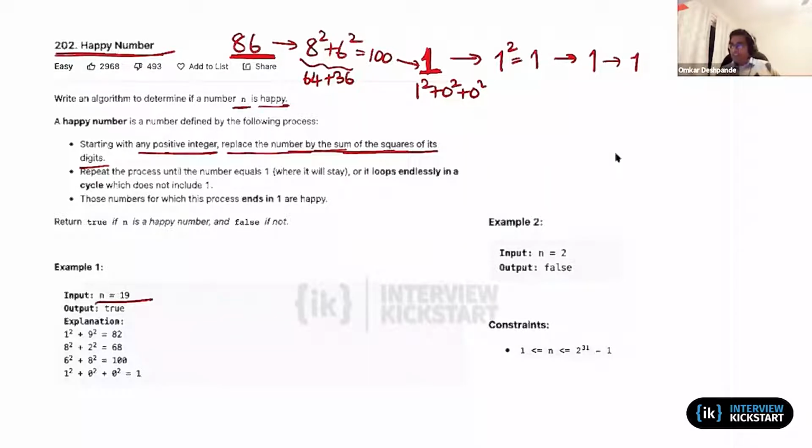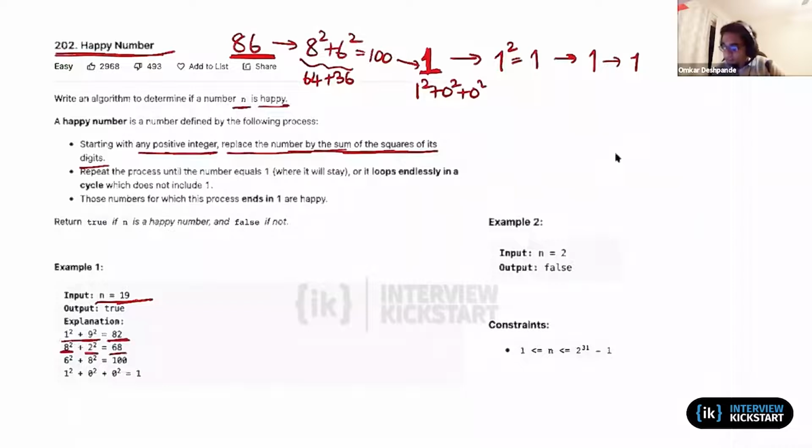Let's suppose n is 19. Then the next number generated will be 1 squared plus 9 squared, which is 81 plus 1, or 82. Then the next number from 82 will be 8 squared plus 2 squared, which is 64 plus 4, which is 68.